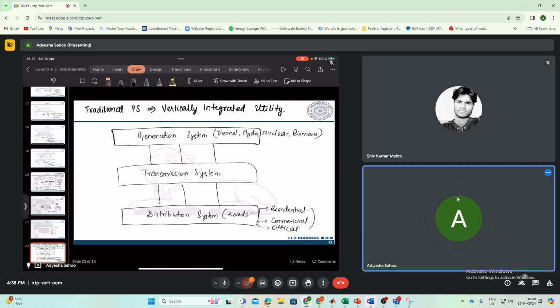In that era, the main aim was to satisfy the load because we did not have sufficient generation. So the main aim was security of supply, or to meet the load demands. And hence at that time all the generation, transmission, and distribution was owned by a single entity.